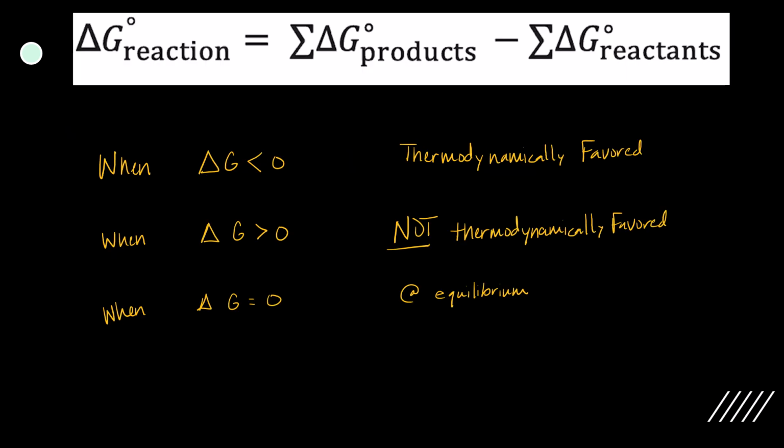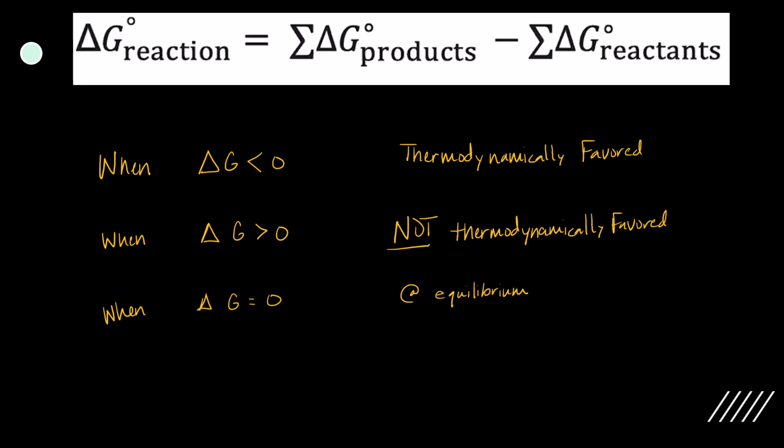What I want you to do is think of this table. If delta G is less than 0, so it's a negative number, the reaction is going to be thermodynamically favorable. When delta G is greater than 0, so we have a positive number, it's not thermodynamically favorable, because the products require more energy than the reactants, so it's not going to go spontaneously.